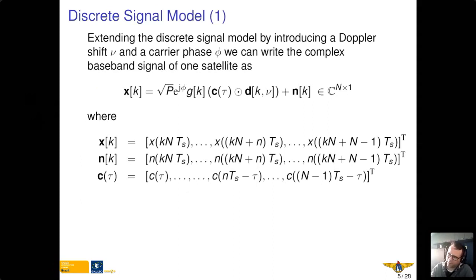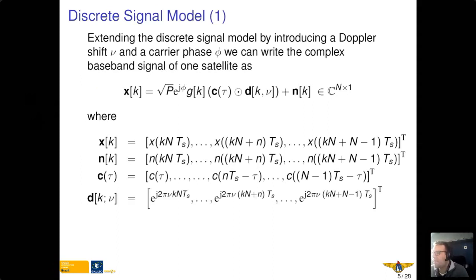This is the signal of one satellite, so we assume that we receive one satellite plus noise. Then we also have the Doppler shift, the frequency shift at the time instances. This is a model, right? In fact, the Doppler is a dilatation effect in the signal, so it stretches the time axis and the frequency axis in a certain way.